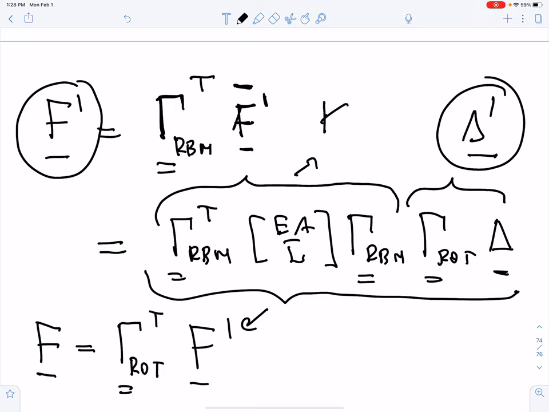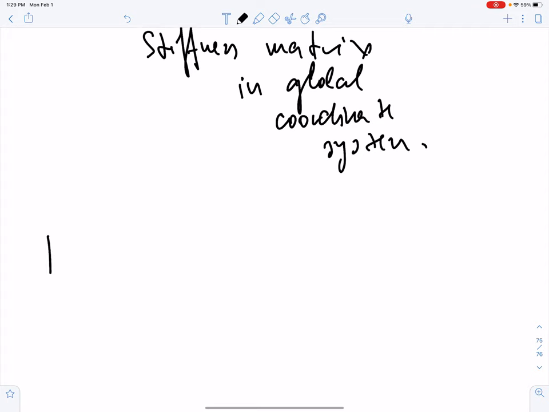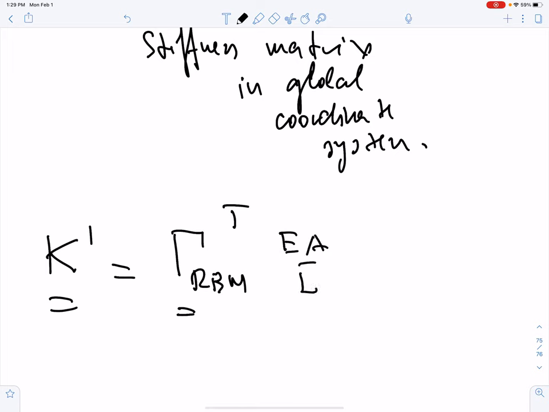I'm going to call this kappa prime, and kappa prime is going to be gamma RBM transpose, EA over L, gamma RBM.